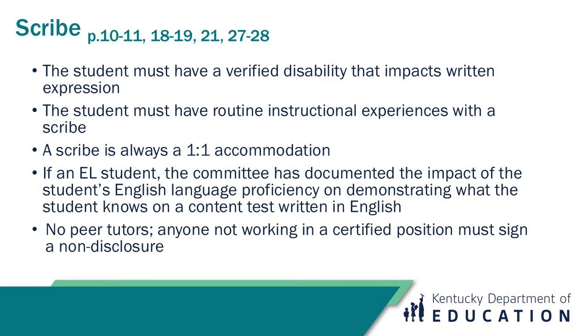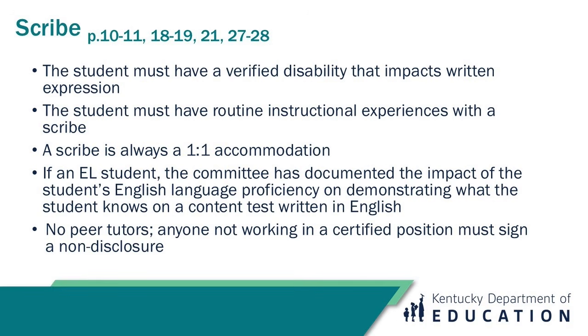For an EL student with a PSP, the committee should document the impact that the student's English language proficiency has on the student, demonstrating what they know on a content test written in English. A scribe shall be provided if the student has not reached proficiency on the annual English language proficiency assessment. A district has discretion of who can serve as a scribe, but peer tutors are not allowed.